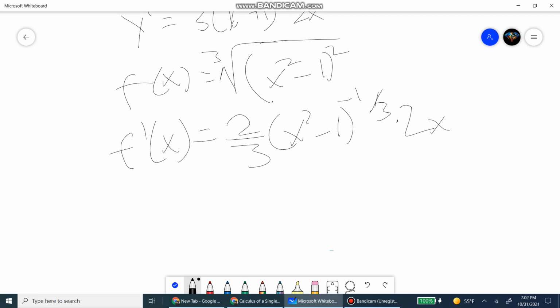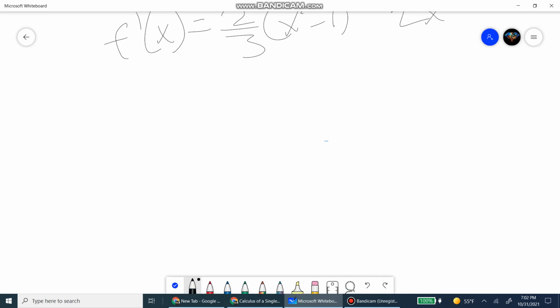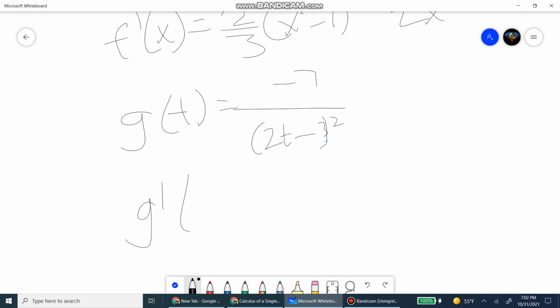Let's do another example where we have g of t equals negative 7 over (2t minus 3) squared. Derivative of this is simply, you can write it, by the way, you don't need to use quotient rule or anything like that. Just write it easier. So negative 7 times (2t minus 3) to the negative 2.